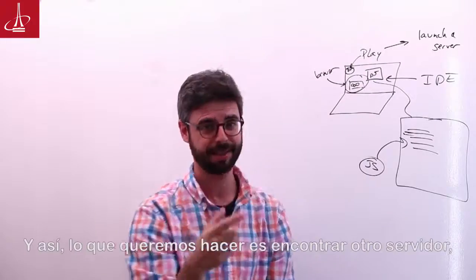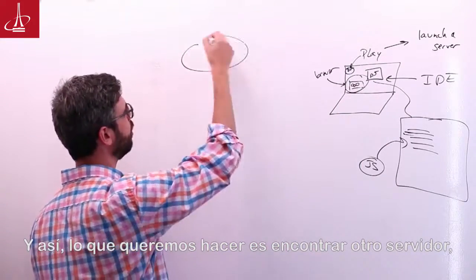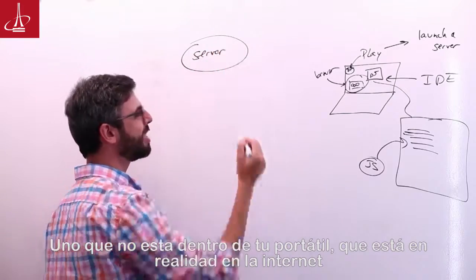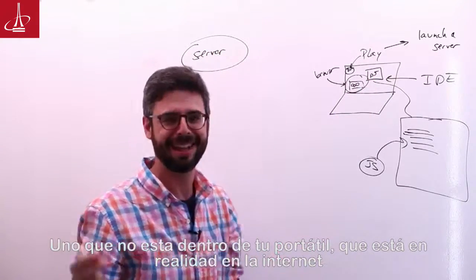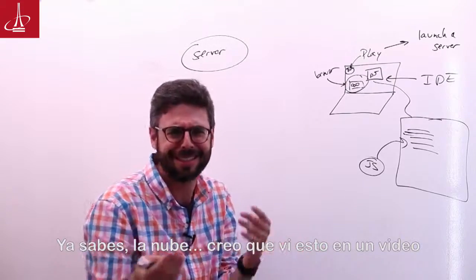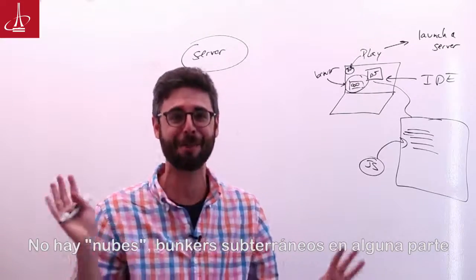And so what we want to do is find another server, one that's not sitting on your laptop, but that's actually out in the internet. You know, the cloud. I think I said this in a different video, but there's no cloud, it's an underground bunker somewhere.